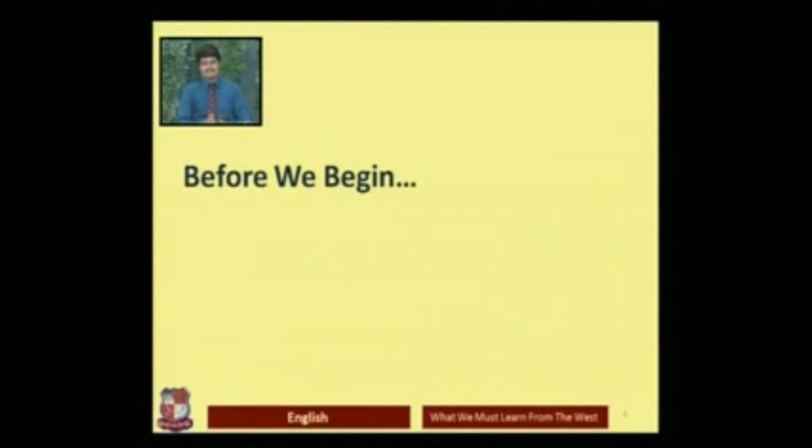But before we begin, let me ask you something. What do you think are the points you would like to list when you want to talk about India and Indians? For example, let me ask you, how do you feel being an Indian? What are your feelings? What are your attitudes when you introspect about being an Indian?